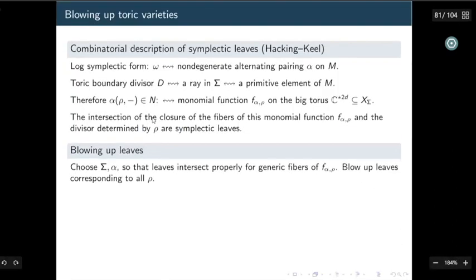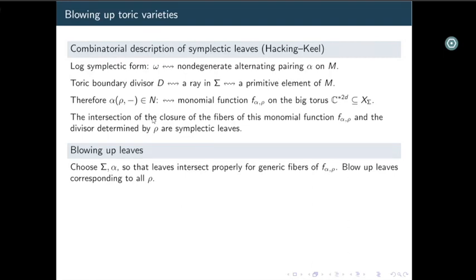And so if you do what I talked about in the previous slide, that is, you take your pairing, you take your toric variety, and you look at these symplectic leaves in different components, and you start to blow up, the question is, what do you get?